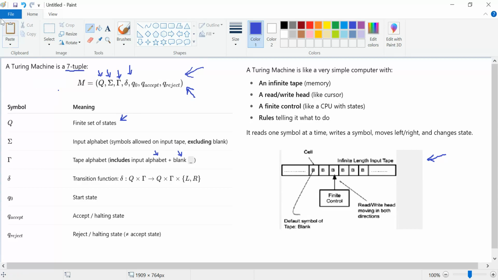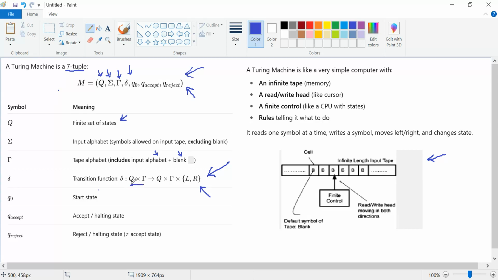Similarly, when you're asked to describe the transition function of something, this is what you have to write. Instead of writing stories about it, you have to clearly mention what the transition function is for that particular machine. Here, the Turing machine has this transition function.